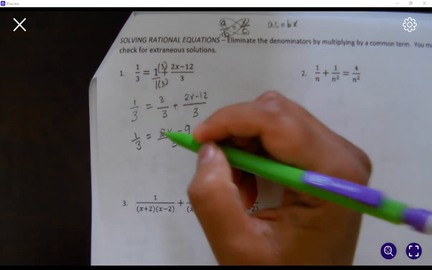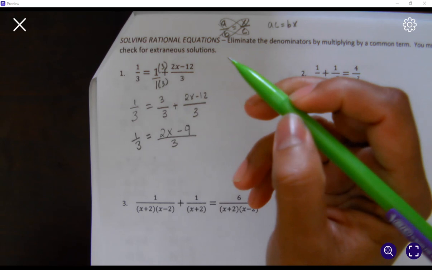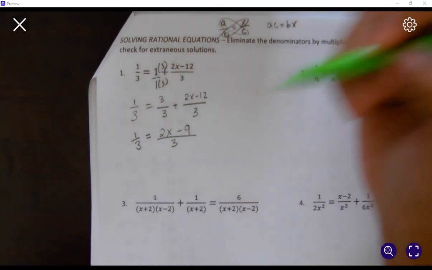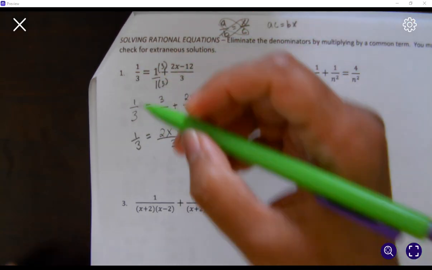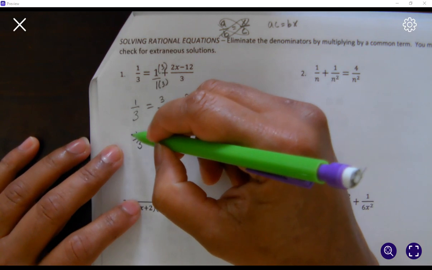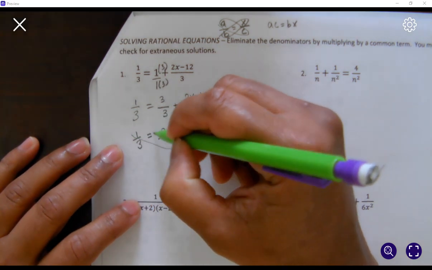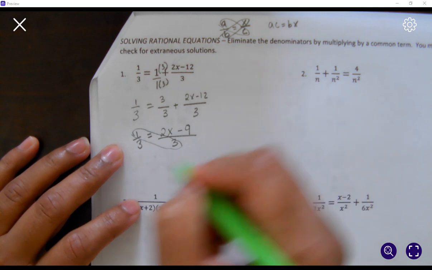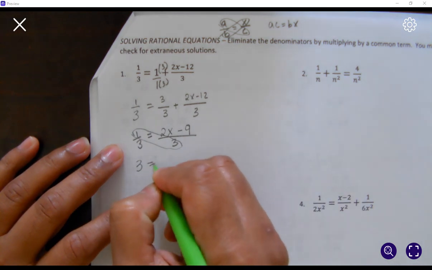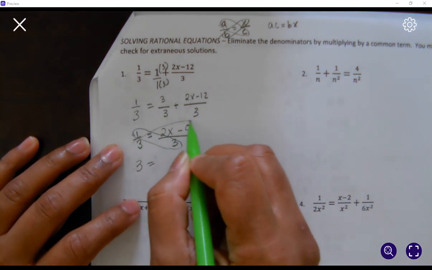Now here we have two options. The first, the technical way, is what I did here, which was cross multiply. So you would do 1 times 3, which is equal to 3, and then 3 times all of this.